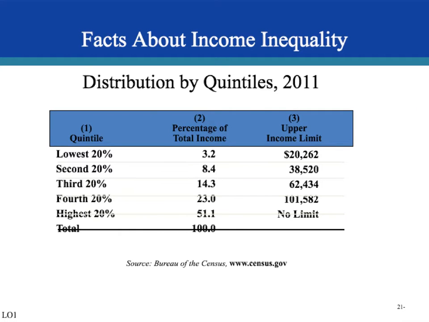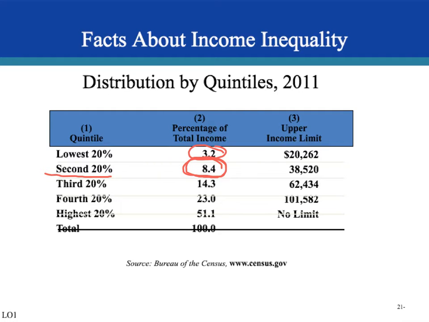Okay, and so we look at quintiles. The lowest 20% of income earners, if you add their income all together, is 3.2% of total income in the United States. And then the second 20%, the income they make is 8.4% of the total income in the United States.